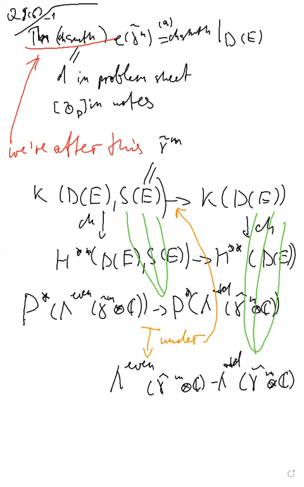Okay, so what the formula says is the following thing. Let me take D, an isomorphism between lambda even and lambda odd, pulled back to the spherization of gamma n. And this is something I denoted sigma in square brackets earlier.